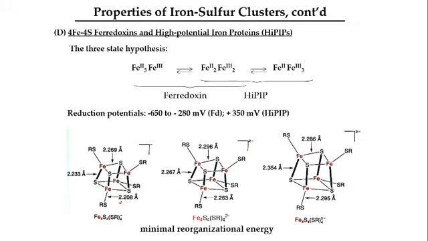Next type, that is the 4Fe4S ferredoxin and high potential iron protein. This is also called the high potential iron protein. Here the three state hypothesis is there.